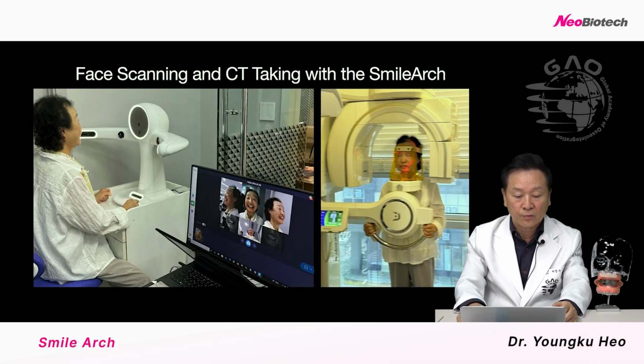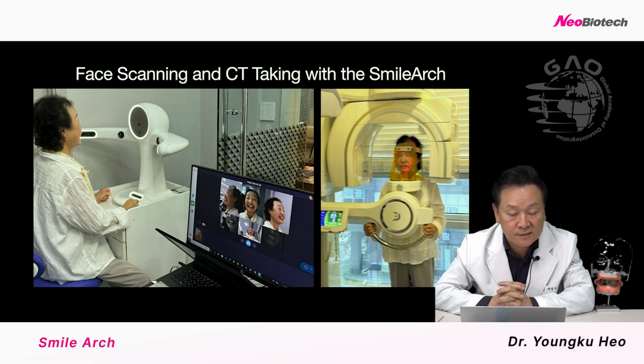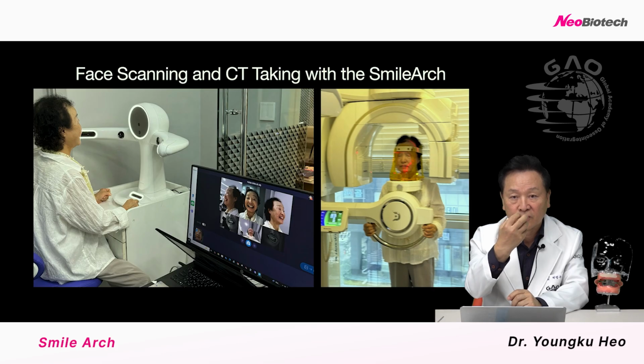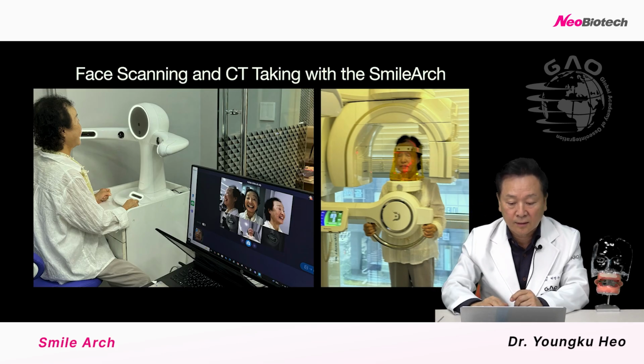And also we have to take the face scanning, and sometimes we can take just a front photo and a side photo, a smile photo, and also we can take the CT scan with the SmileArch.